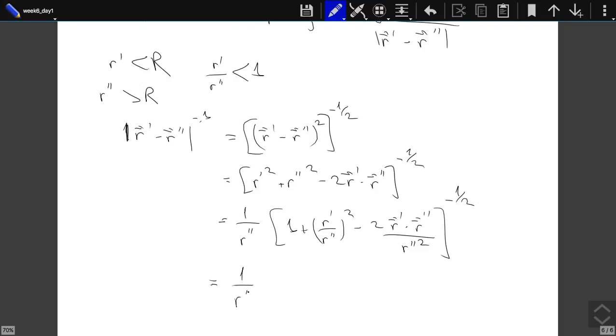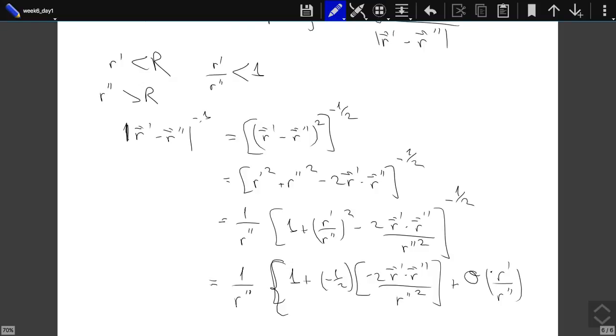This is 1 over R double prime times 1 plus minus 1/2 of minus twice R prime dot R double prime divided by R double prime squared, plus terms of the order of (R prime over R double prime) squared.